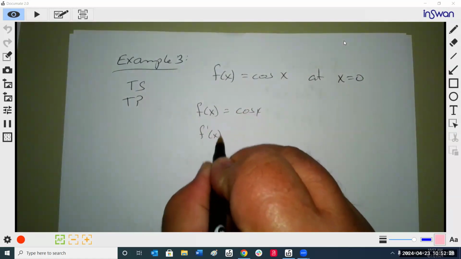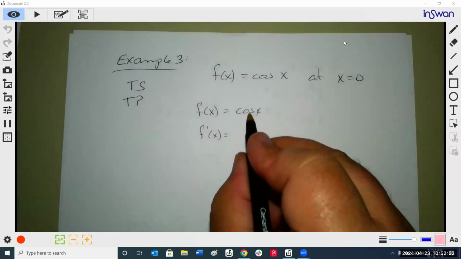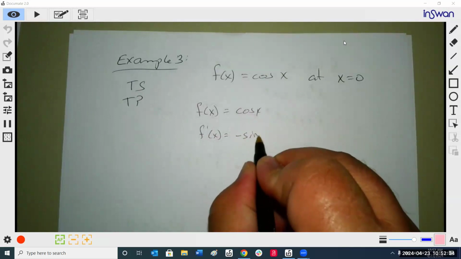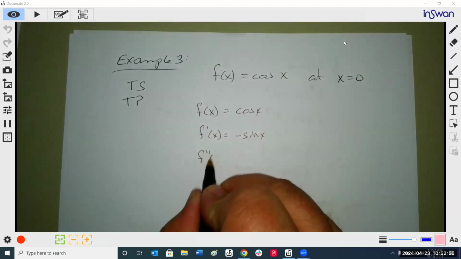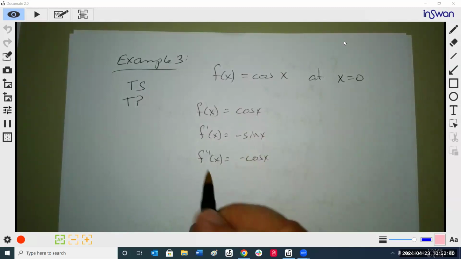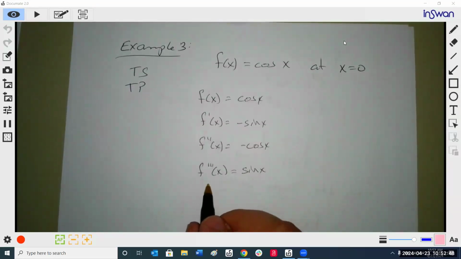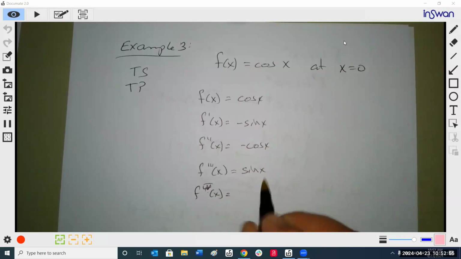F prime is the derivative of cosine, which is negative sine. The second derivative is negative cosine. And the third derivative is positive sine. And so on and so forth. The fourth derivative is cosine.